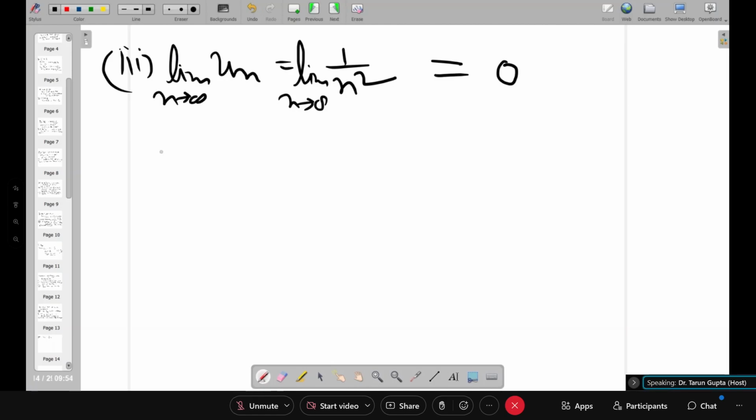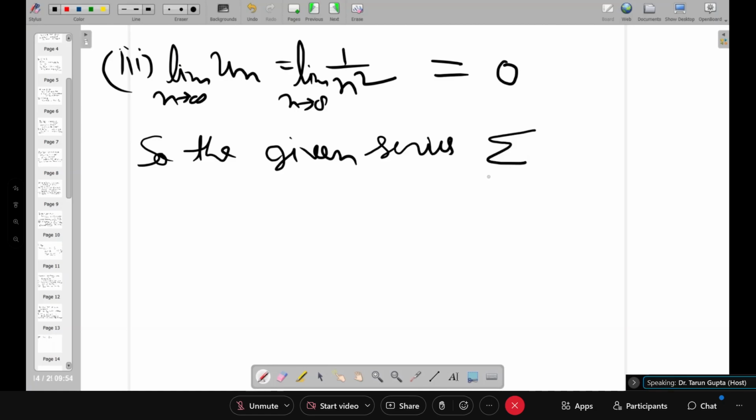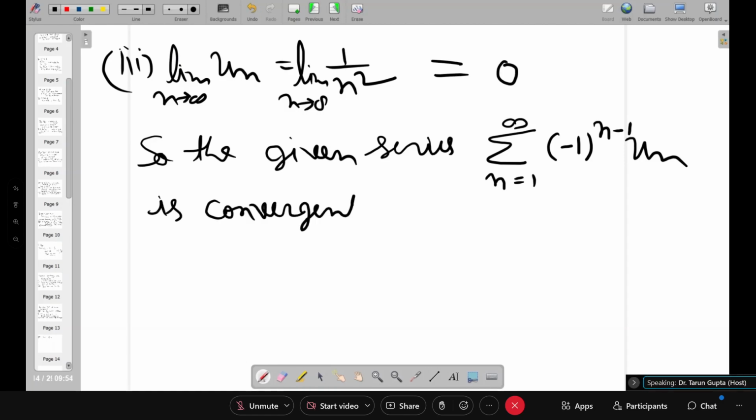So the given series, summation n equal to 1 to infinity minus 1 to the power n minus 1 un, is convergent by Leibniz test.